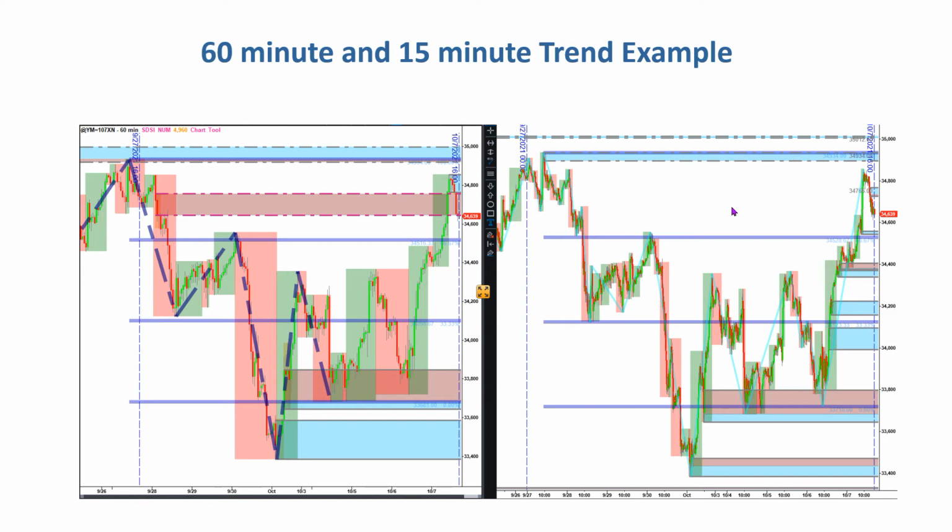Did not turn on the swing highs and swing lows or the bases in this example. But you can see here that these are aligned for price, and you can quickly realize that the prior trend is exactly the same on the 60-minute and the 15-minute chart in this example.